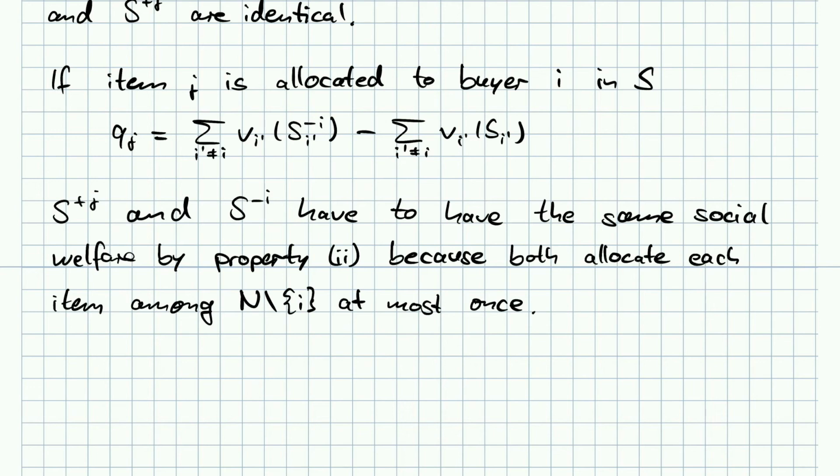So this now means that removing bidder I and not counting them, we'll get the same social welfare as if we considered the allocation S plus J. And I was a little imprecise here.